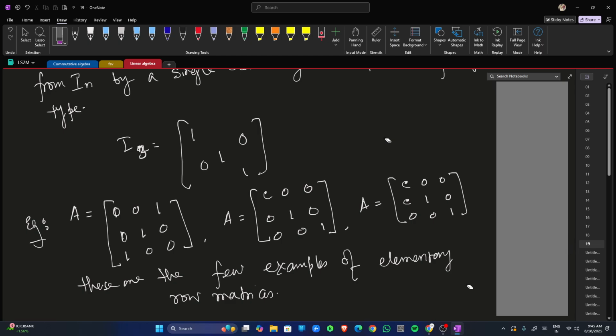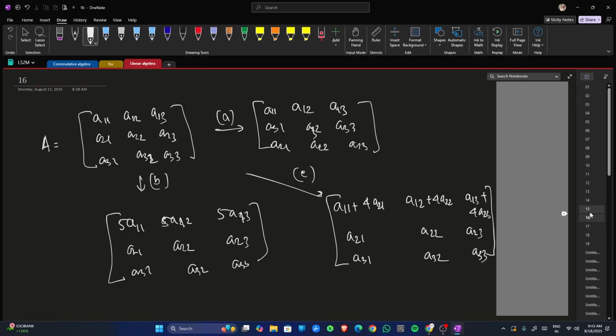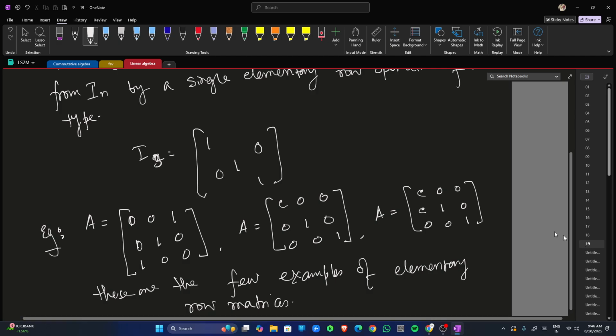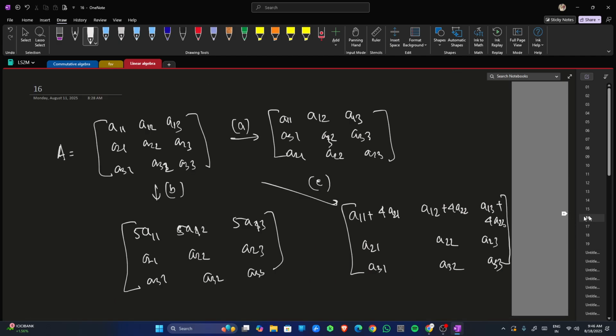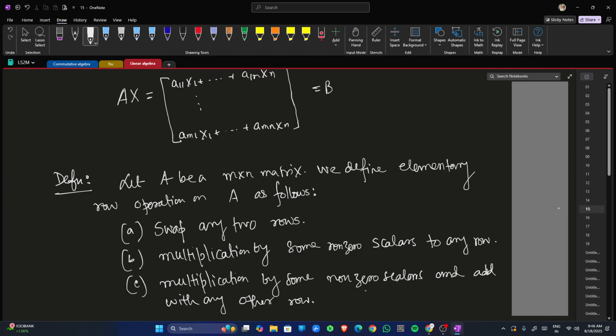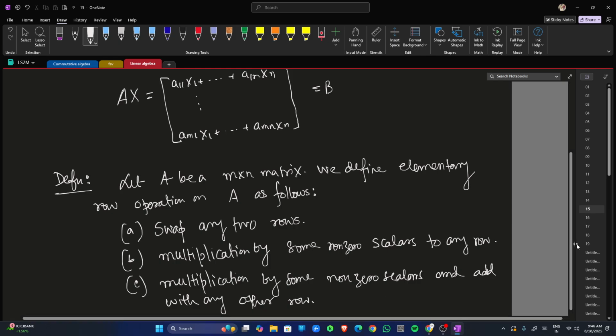How is that one step? Multiply it by C and add it to the second row, by this type C operation. Multiplication by some non-zero scalars and add with any other row.